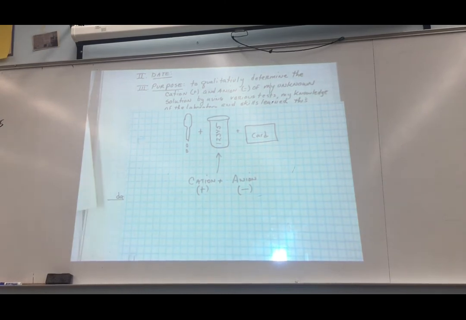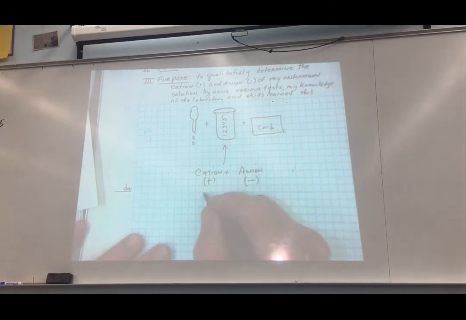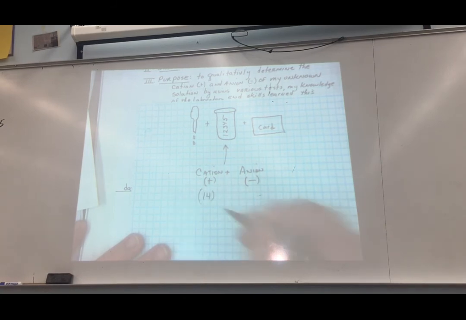If you look at your handout, look at the possible cations. Right now, look at the possible cations. How many are there? 14? All right, so there's 14 possible cations. Look at the possible anions.